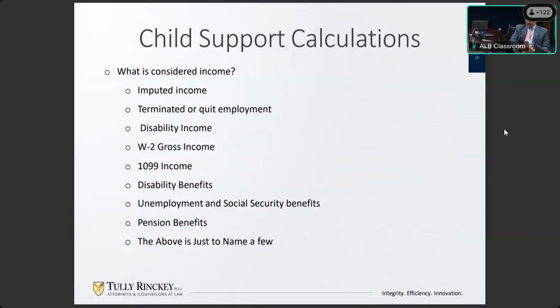So, disability income, W-2 gross income. Remember that when you look at someone's income, it's not their taxable income, it is their gross income. So let's just say that I made $100 gross, but I put $20 into a tax-free 401k at my work.